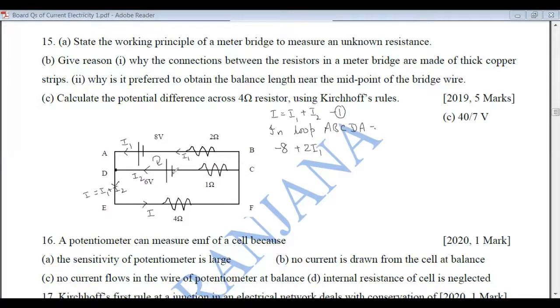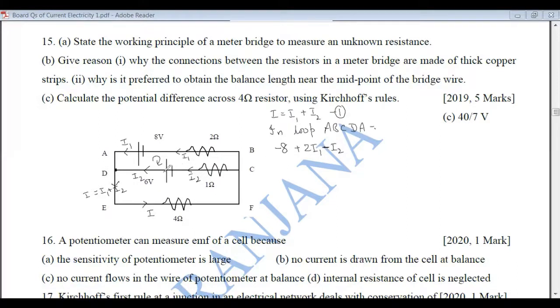Moving from C to D, 1 into I2 is the potential difference across the 1 ohm resistor. Here we are moving along the direction of current, so this will be minus.